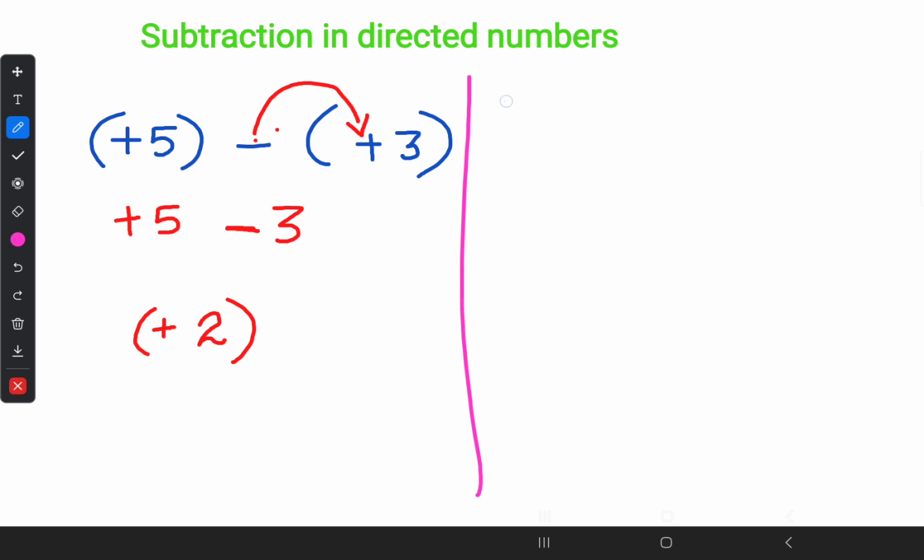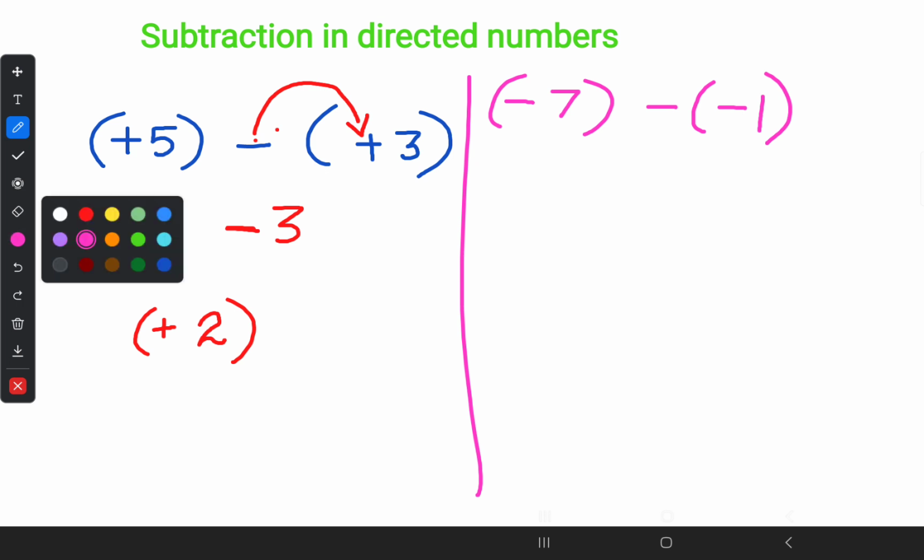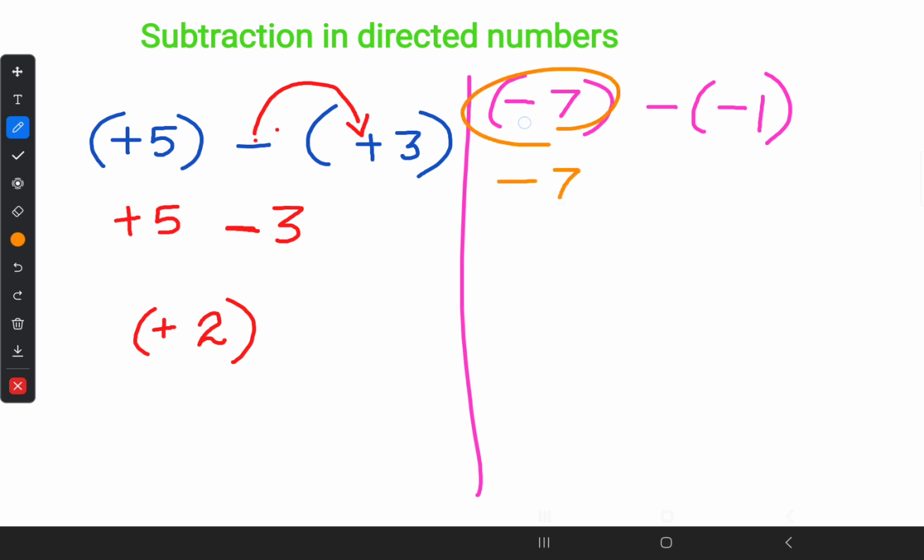Let's look at another example. Negative 7 minus negative 1. Here, negative 7 remains the same. There is no direction before this one, so we can keep it as negative 7. But here, look at this. Negative bracket, another negative.